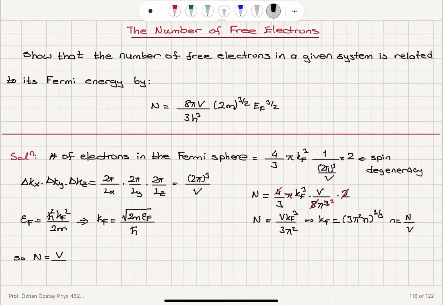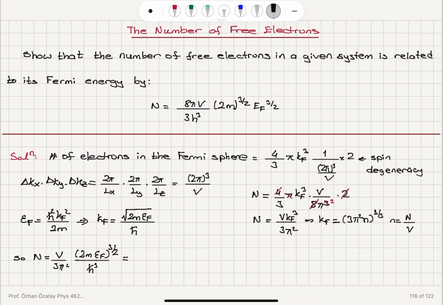So we have capital N, the number of electrons, equal to V over 3 pi square multiplied with Fermi wave vector cube, you can see here. For the Fermi wave vector, we can substitute square root 2m Fermi energy over h bar, and we have to take the cube of it. So we will have h bar cube at the bottom, and 2m Fermi energy to the power 1/2 to the power 3 becomes 3 over 2.